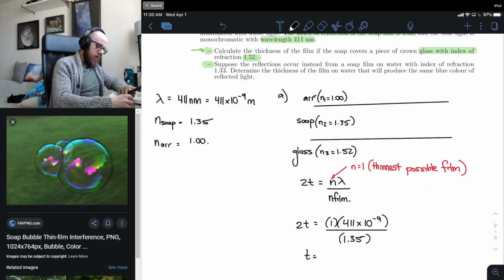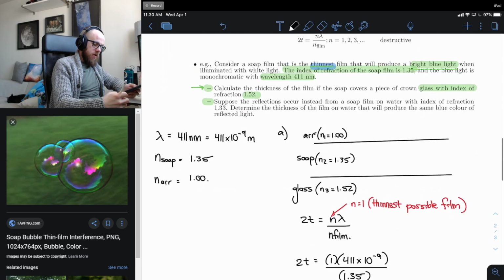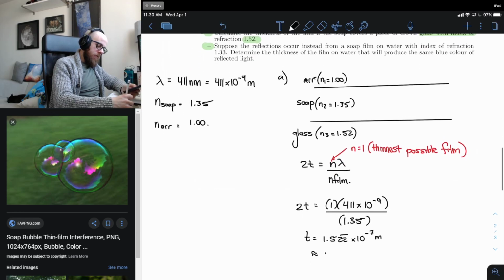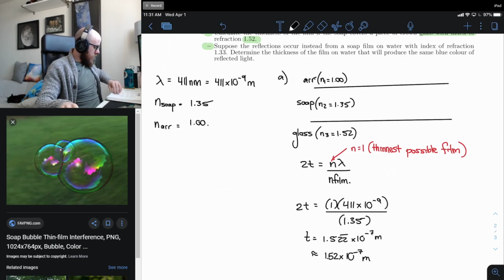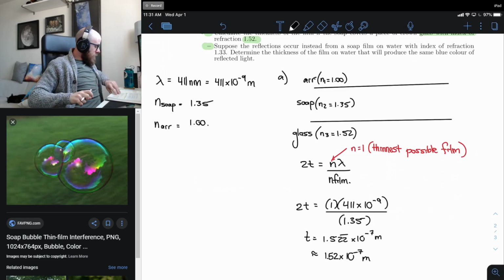I get a value of 1.522 repeating times 10 to the negative 7 meters, or approximately, to 3 sig figs, 1.52 times 10 to the negative 7 meters. Check my answer. I think I'm good though. Yep. Cool.